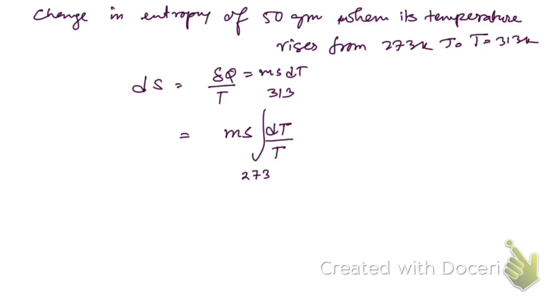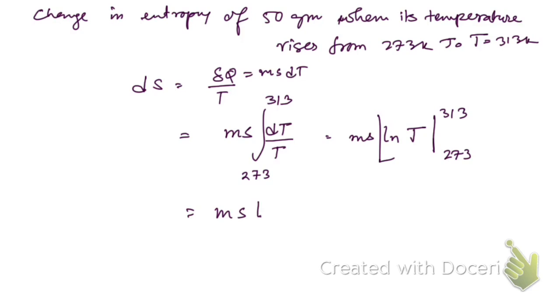So here are the upper and lower limits, and this must be equal to m s times the integration of 1 by T, which gives log T. Here we take the natural log, ln T, with upper limit 313 and lower limit 273.